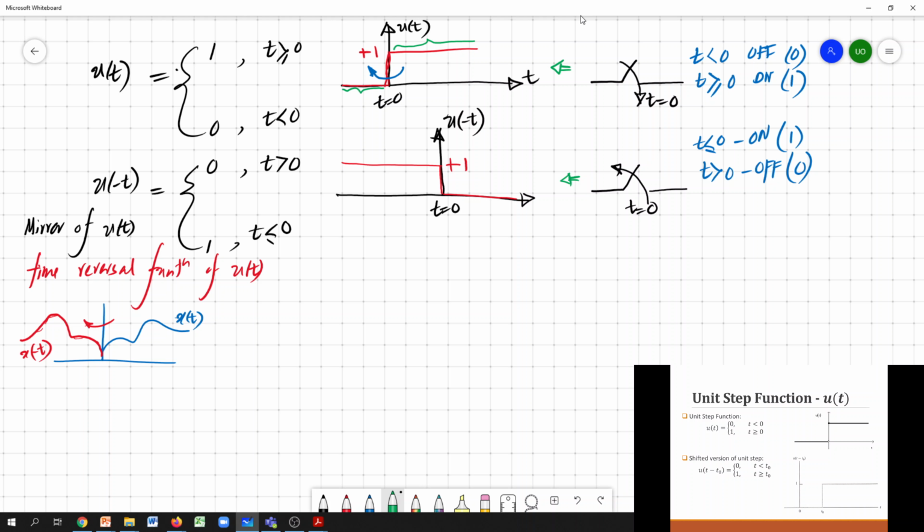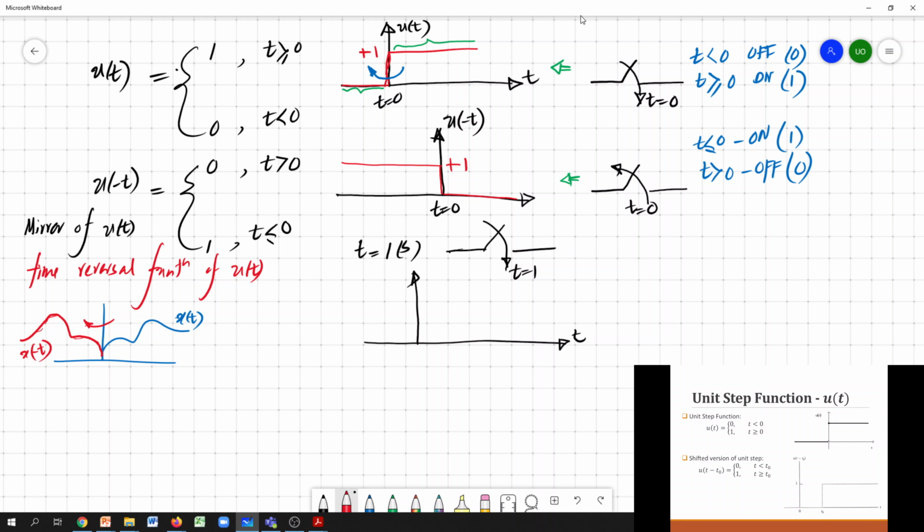For example, let's assume your switching happens at t equals 1 second. If I draw it like this, at t equals 1, we can simply claim that this can be replaced with the unit step like this.